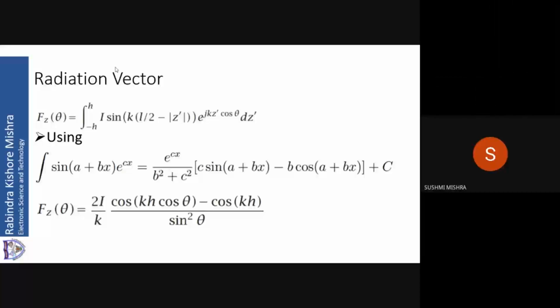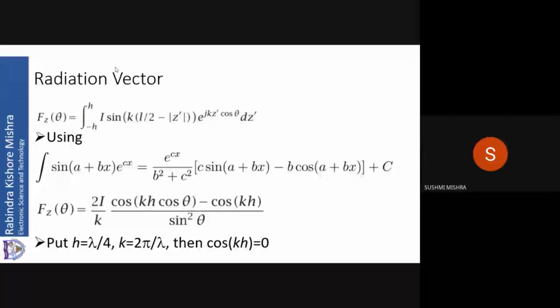These derivations we have done in the last class. Now here my h is equal to lambda by 4. So let me put h is equal to lambda by 4.